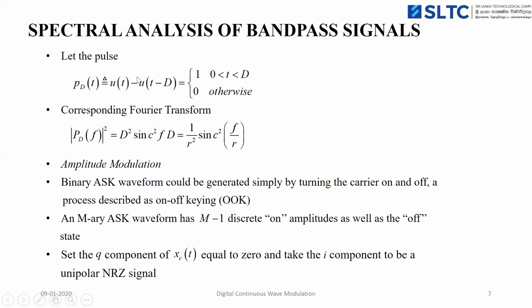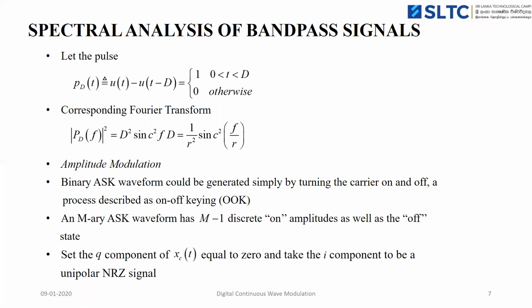There is no output. Similarly, if you put time t equal to capital D, then it becomes u(D) minus u(0). In this case also, the value becomes 0. So in between 0 and D, the function p_D(t) has the value 1. In that way, the rectangular pulses operate.